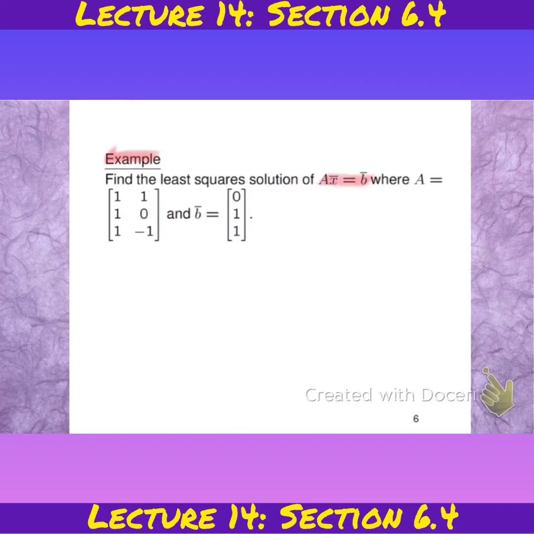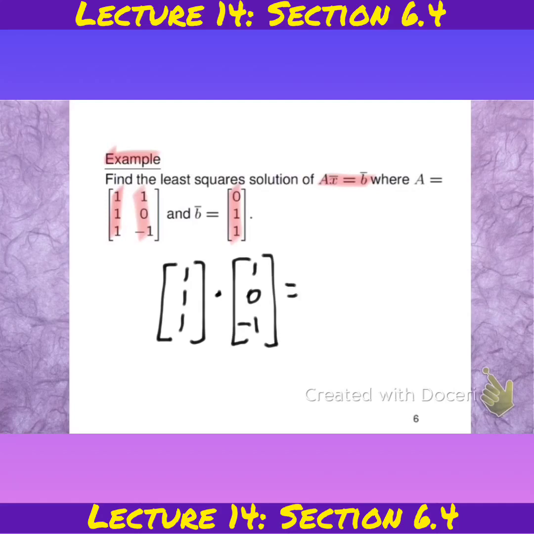Looking at this example here, again, we are asked to find the least square solution of AX equals B, where A is this matrix and B is that vector there. Now, if you look at the column vectors of A, what happens if you take the dot product of the two column vectors? That's 0, right?